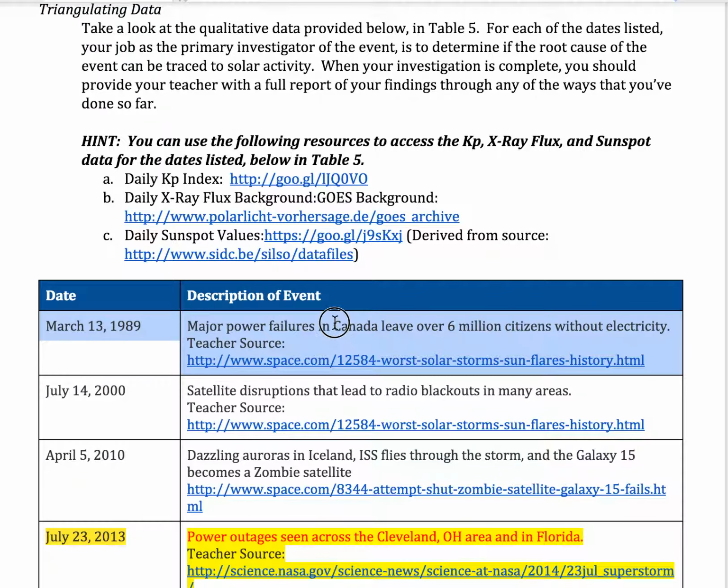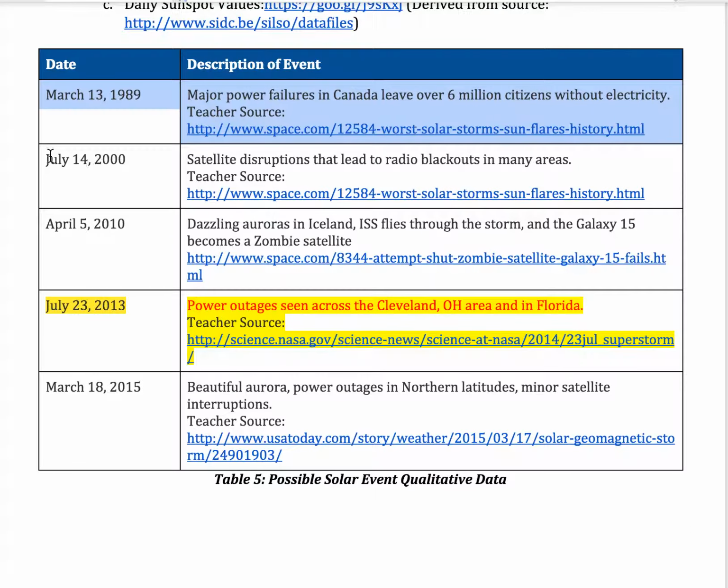So here's what that means. That means this event where major power failures occurred, leaving 6 million citizens without electricity, there is definitely enough evidence given the KP, the X-rays, and the sunspots to attribute this to a solar event. What they are going to do is the exact same thing for July, April, July, and March of these years.